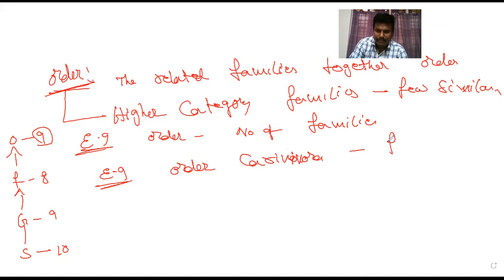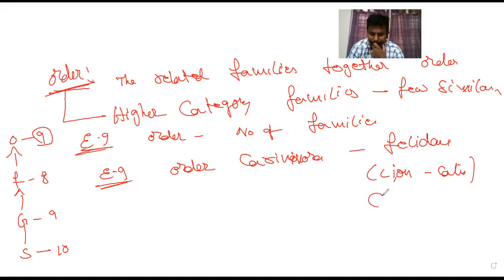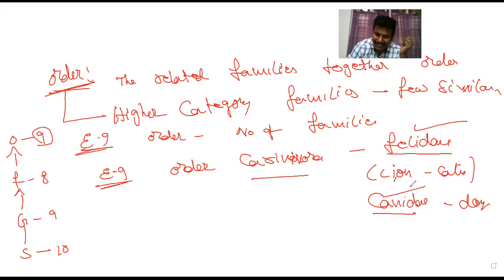It includes family Felidae, in which there are lions and cats, and family Canidae, which belongs to the dogs. So families Felidae and Canidae belong to the order Carnivora.